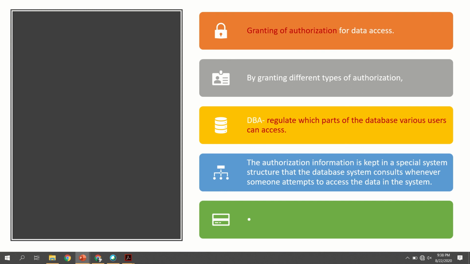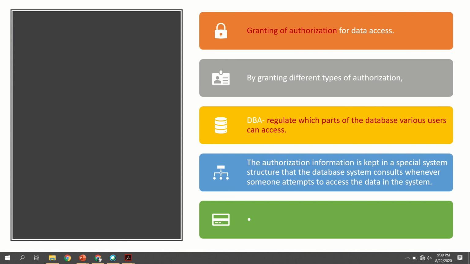So for granting permission, certain types of users are allowed only read permission for certain data. For certain types of users, write permission is allowed. Like that, based on the types of users, the accessing of data is restricted. So the granting of authorization is done by the database administrator.